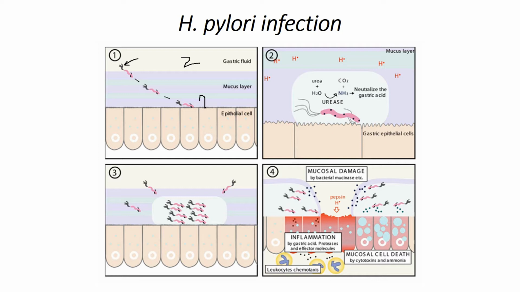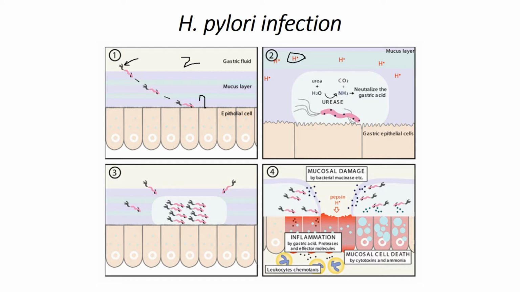The H. pylori also has an enzyme called mucinase, which is able to digest some of the mucus layer, which we'll see in a second becomes very important as part of the infection. The next step is that the H. pylori is, of course, in a very hostile environment because of all of these protons here.